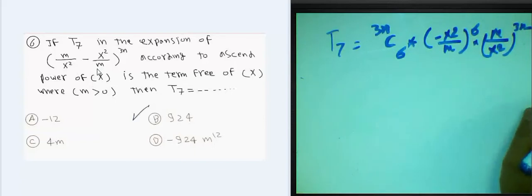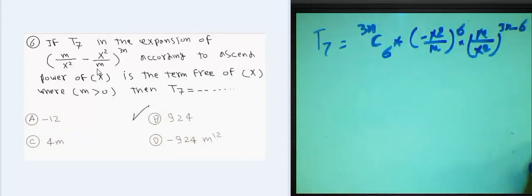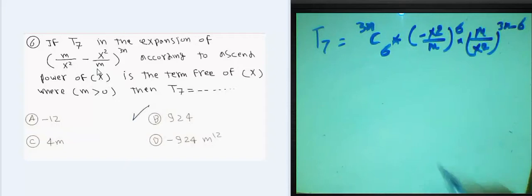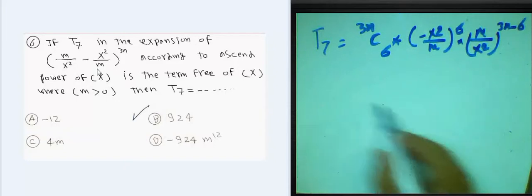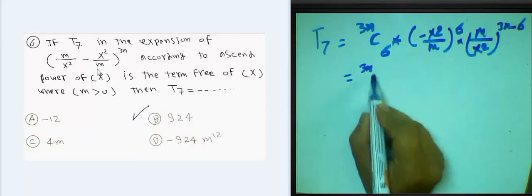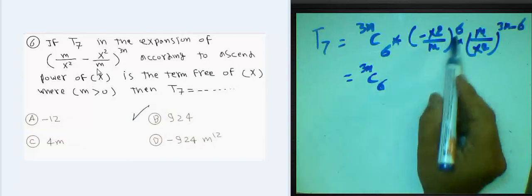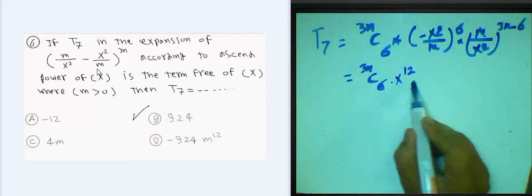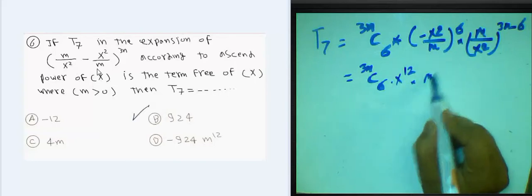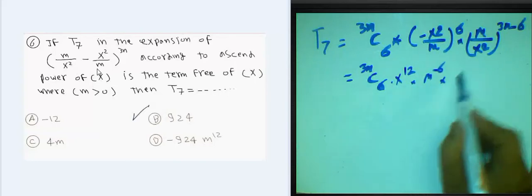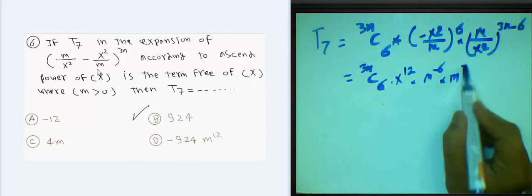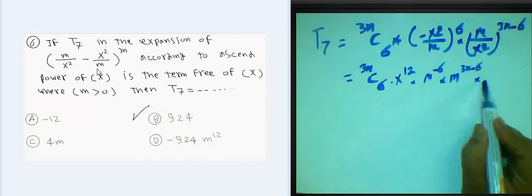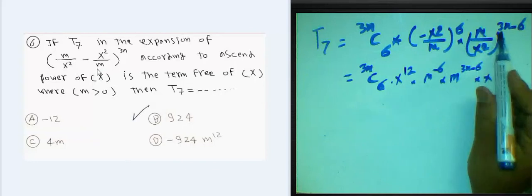You can simplify this term to find the term free of x. Simplifying: 3n combination 6, negative to the even power becomes positive, and x power 2 times 6 equals 12, multiplied by m power negative 6, multiplied by m power 3n minus 6, multiplied by x power negative 2 times negative.